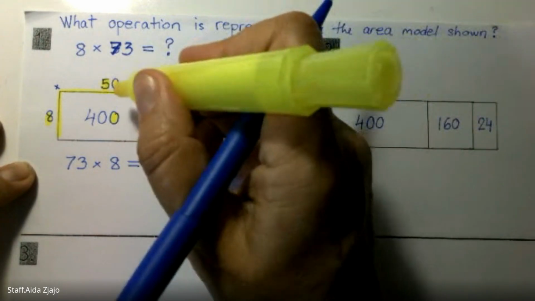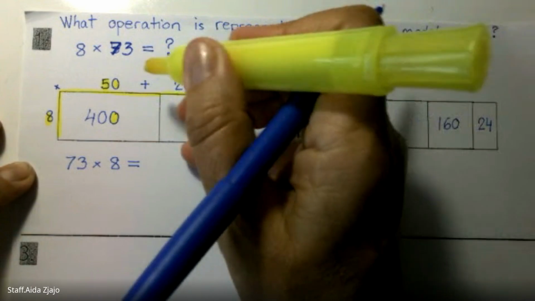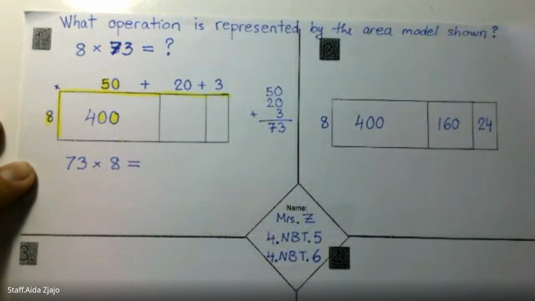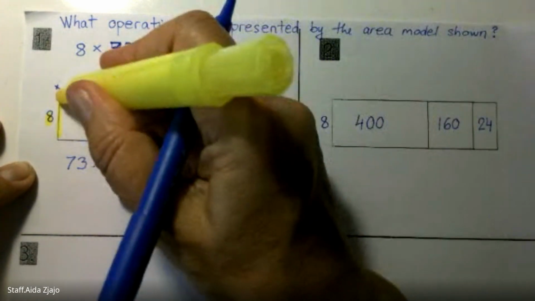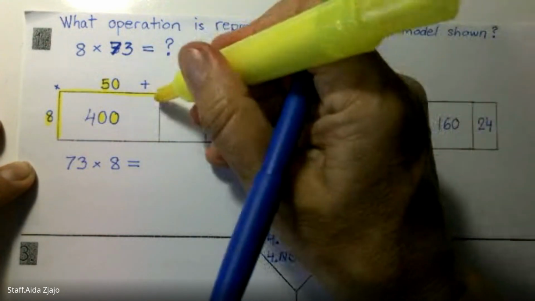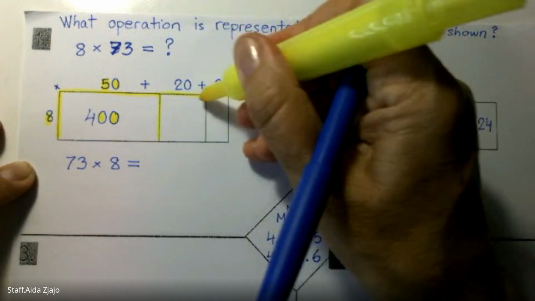By multiplying, it gets 10 times greater. So this area is 400. Because this line is 8, so is this one here.